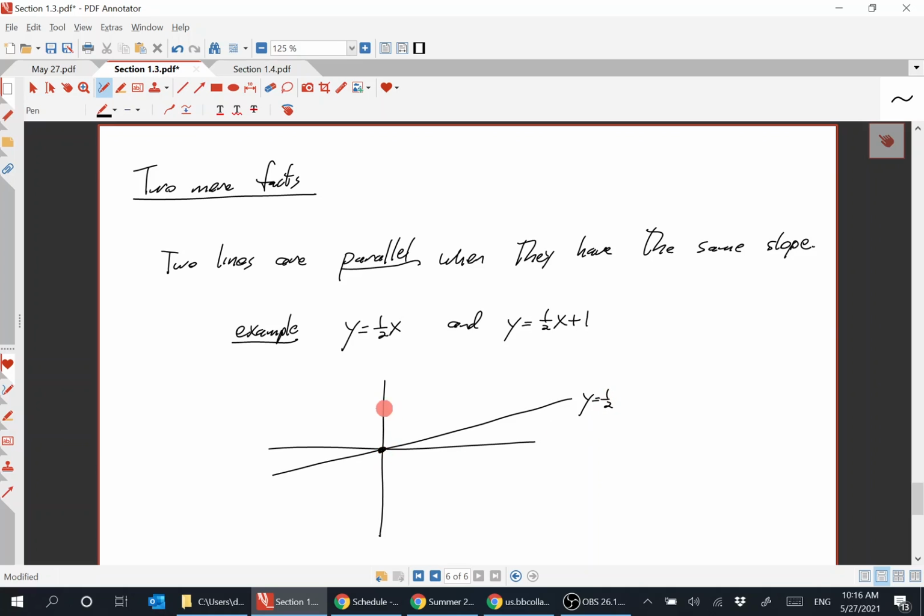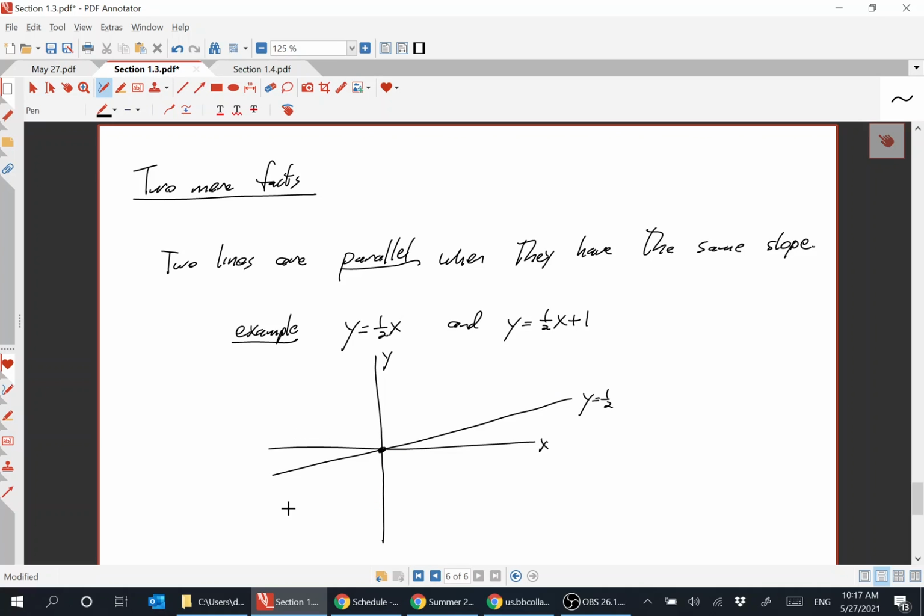All right, so that's the x-axis, that's the y-axis, which I still didn't get vertical. There it is. All right, so this is the line y equals 1/2 x.